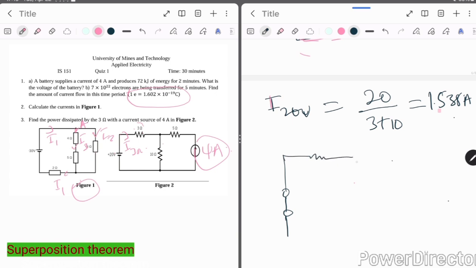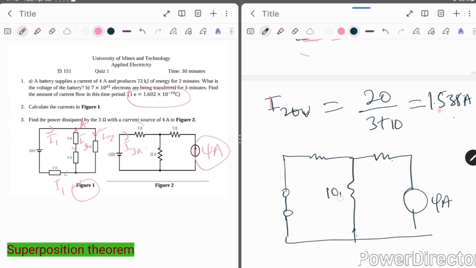Then we have this, then you repeat everything else. Bring your 4 amps here, then I have here 10 ohms, and then 5 ohms.